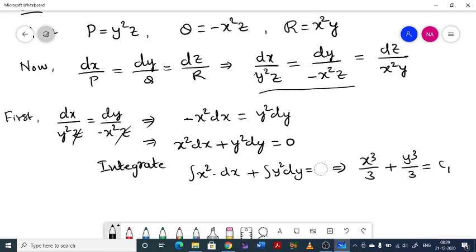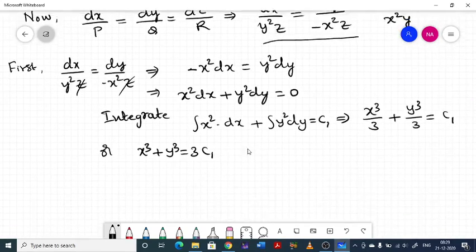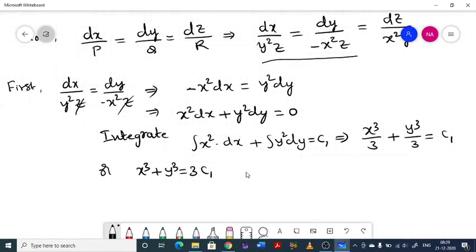I have to write here constant, integral of 0 is a constant, that is c1. From this I'll get x cube plus y cube equal to 3c1. So I got one solution from this. U is x cube plus y cube.